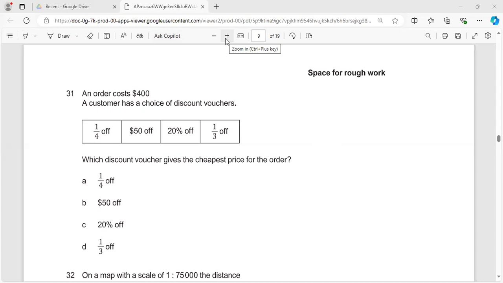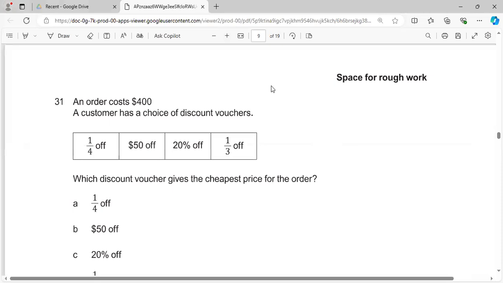So what you're going to do is calculate and see which of these gives you the biggest discount, because you're helping the customer, right? So a quarter off basically means you multiply a quarter by the total, which is the 400, right?